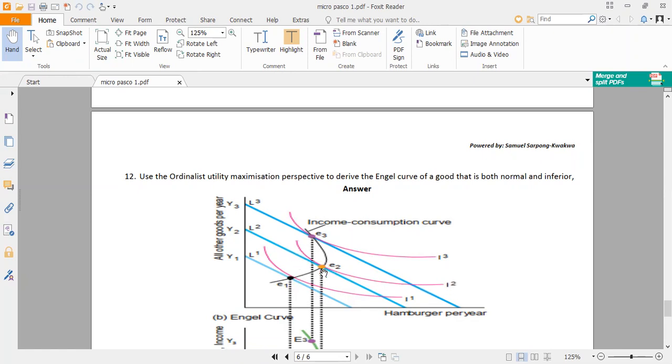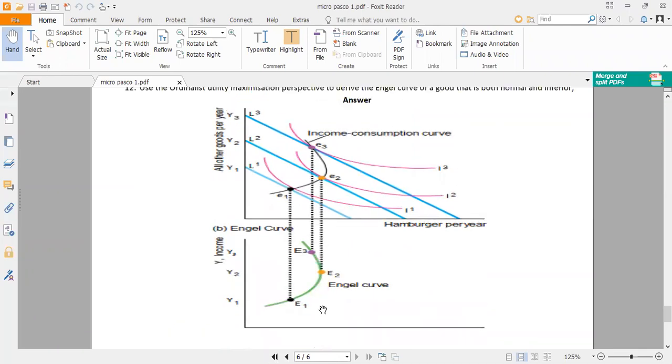Now this will be our new indifference curve, okay. So what this means is that because of the increase in income, you see that the person is now buying more. This was the initial quantity demanded, just assuming 4, okay. This was the income level. Now income has increased to Y2, so now the person is buying more.